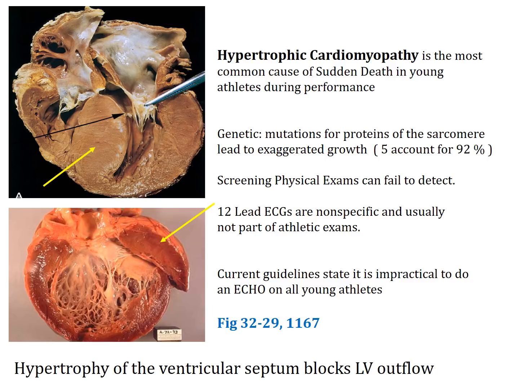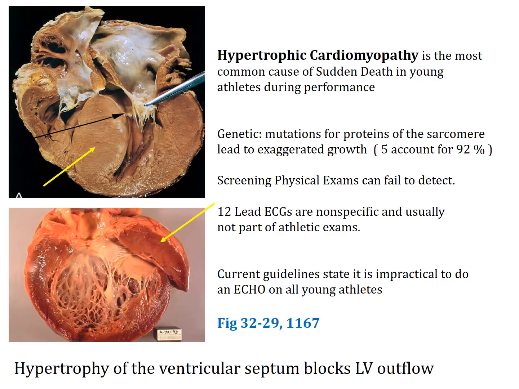When you get exaggerated growth of cardiac muscle, that can actually lead to impaired ventricular filling, and it also can lead to impaired ventricular contraction. And when the septum itself gets markedly hypertrophied, that septum can actually impinge on the aortic outflow tract and completely block blood flow out of the left ventricle and into the aorta.